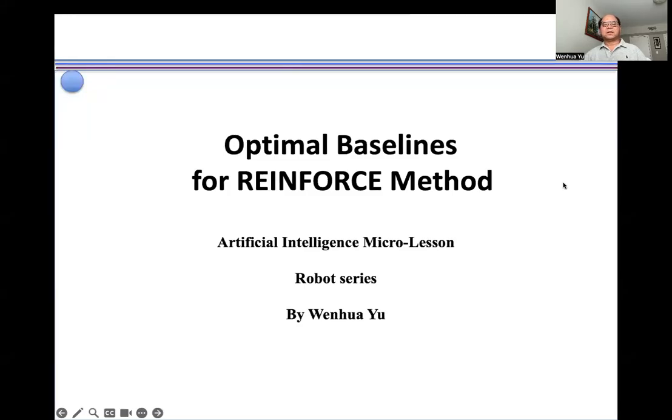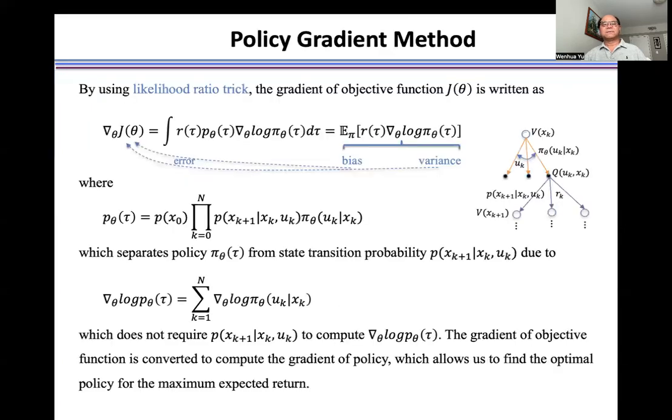Now I introduce optimal baselines for the reinforcement method. We have introduced the likelihood ratio trick before. By using the likelihood ratio trick, we can simplify the gradient of the objective function from a complicated integral to an expectation.